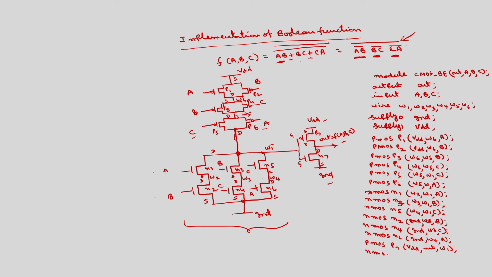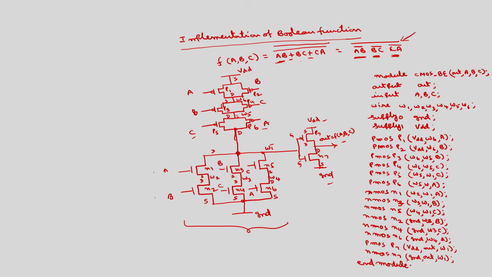NMOS N7: the source is at ground, the drain is at out, the gate is at W1. This is end module.